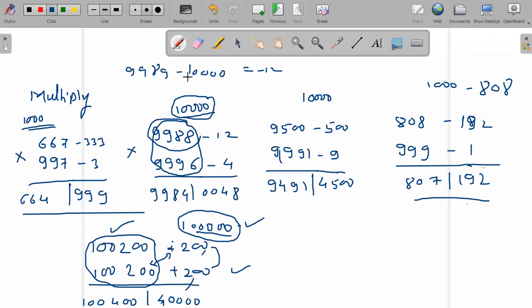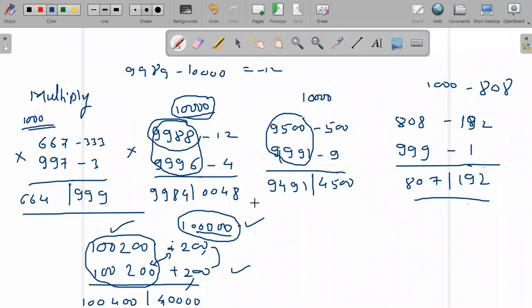ठीक आहे. Anyway, next. Okay, so my observation was all these numbers here below base, and here both the numbers are above the base. Now the next case is one number below base and one number is above base. That is one case.